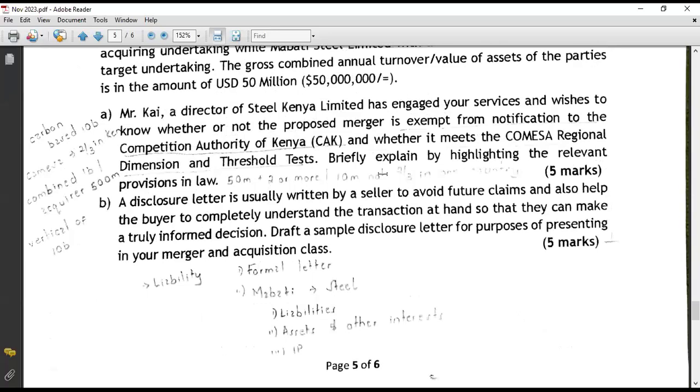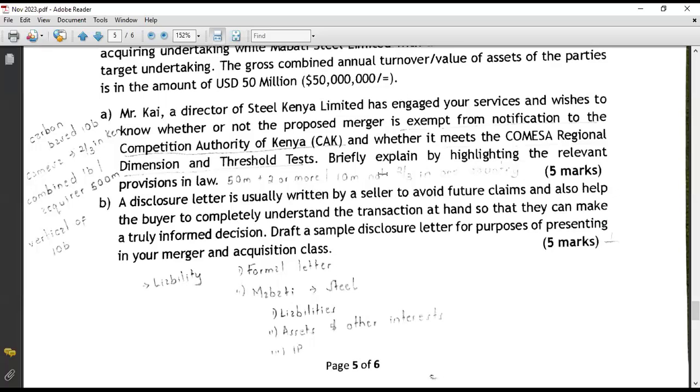So Mr. Kai, a director of Steel Kenya Limited, has engaged your services and wishes to know whether or not the proposed merger is exempt from notification to the Competition Authority of Kenya and whether it meets the COMESA regional dimension threshold test. Please explain by highlighting the relevant provisions of the law.